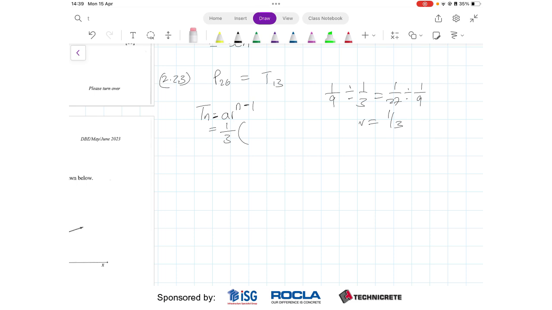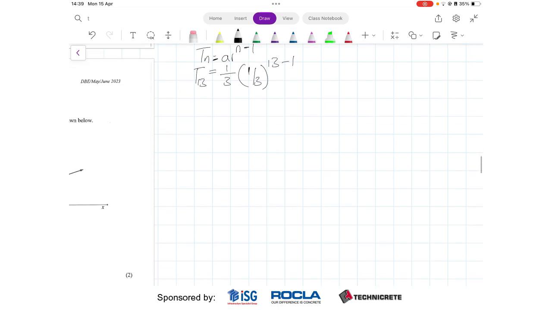Do you understand? Now, we can substitute that into our formula to say that our ratio is equal to 1/3, and since we are looking for T13, n is equal to 13, and then we minus the 1.